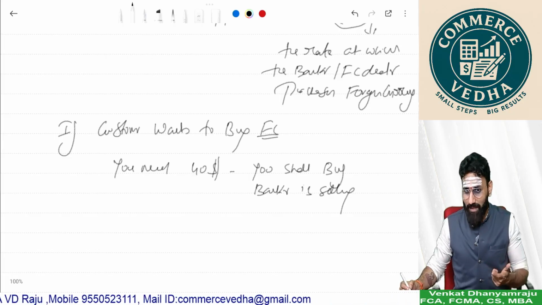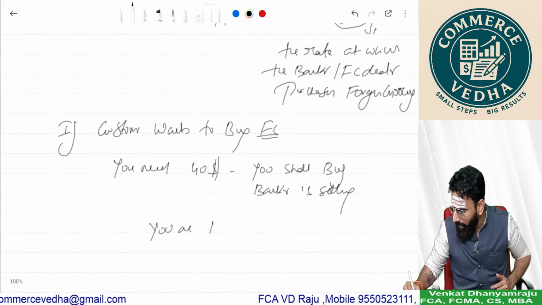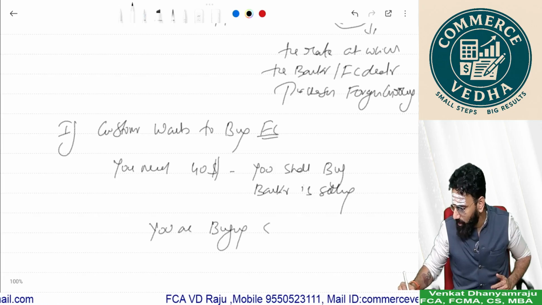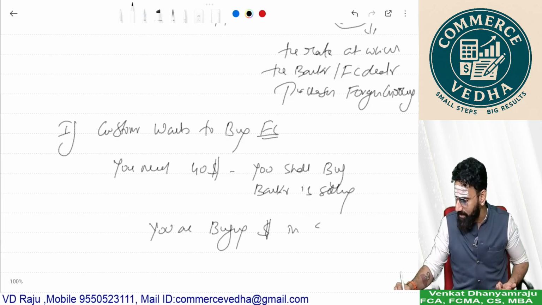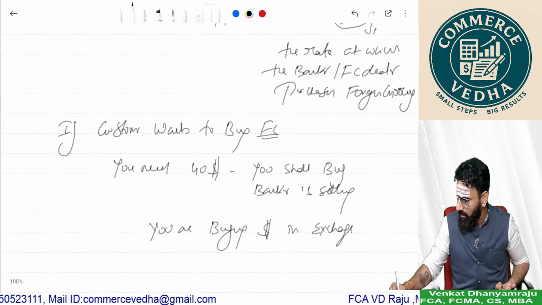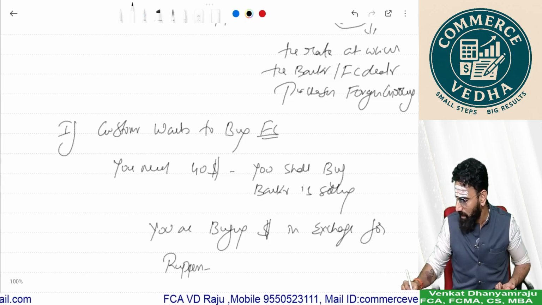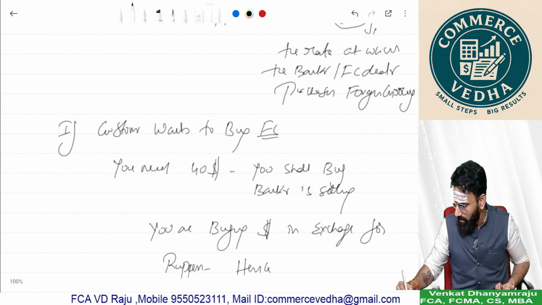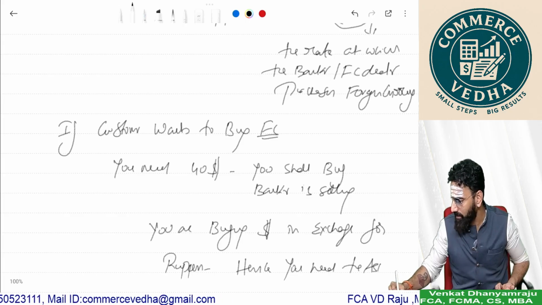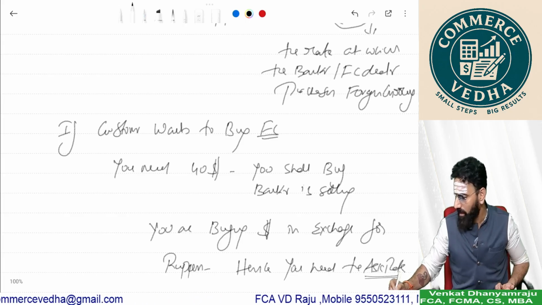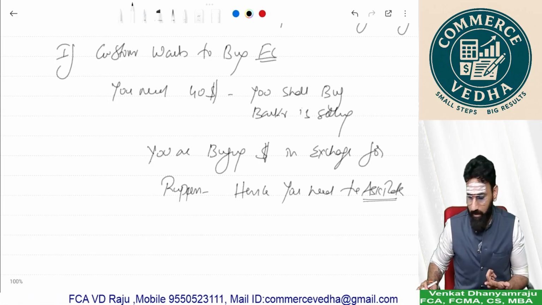The banker sells, that means you are buying dollars in exchange for rupees, hence you need the ask rate. The rate at which the banker is offering is the ask rate.